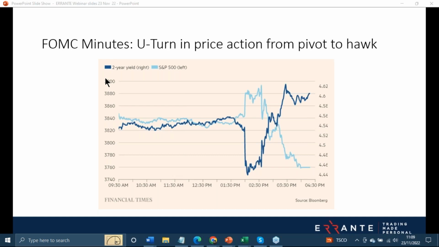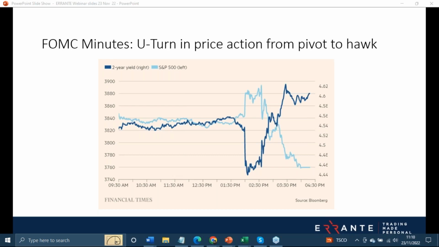Markets U-turned from being quite positive on the dovish tweaks in the statement language about the time lag of monetary policy and the cumulative effect of all this tightening, and that potentially they'd slow down and wait to see what effect that was going to have. That was the language in the statement.